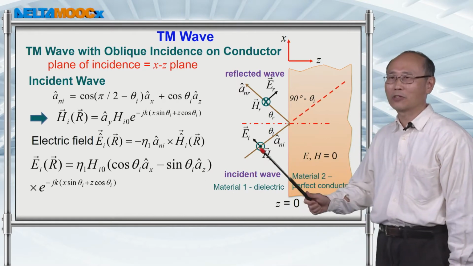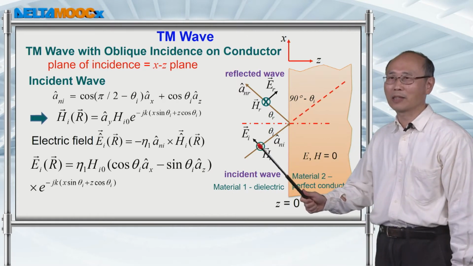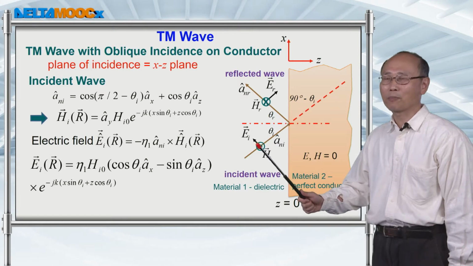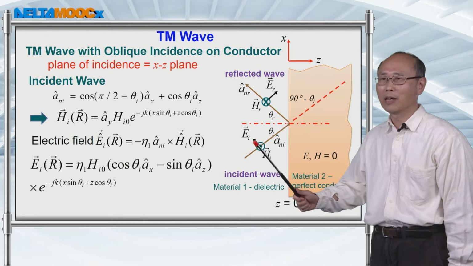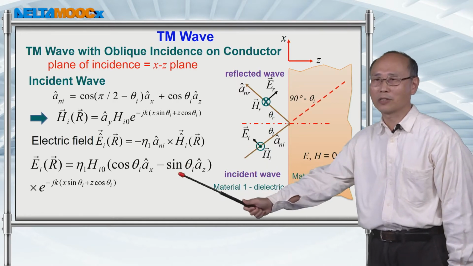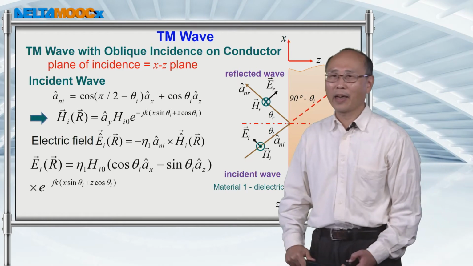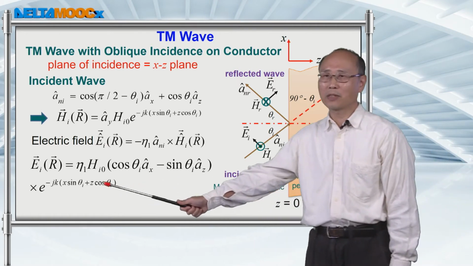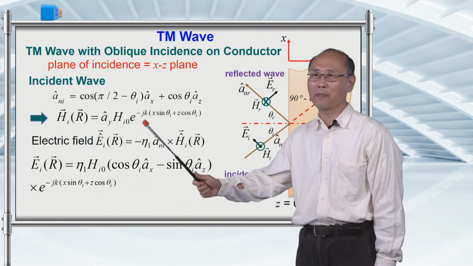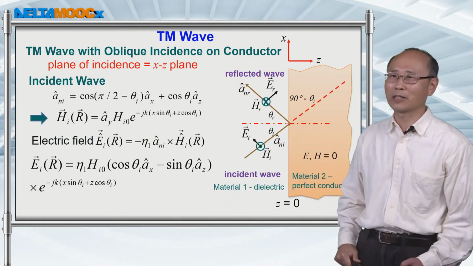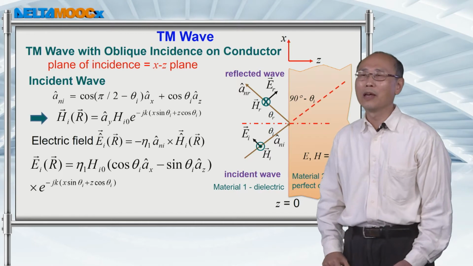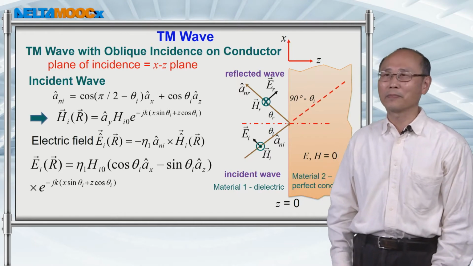Or you can just look into this diagram and you see that this electric field on this plane of incidence will have the component along x direction and along minus z direction, which is this term. And the phase term turned out to be the same, because both components are propagating along the same direction, because they belong to the same incident wave.